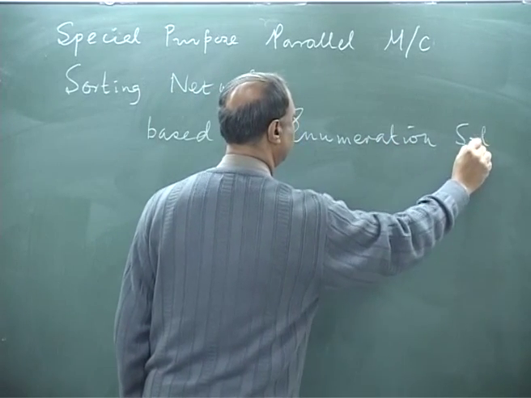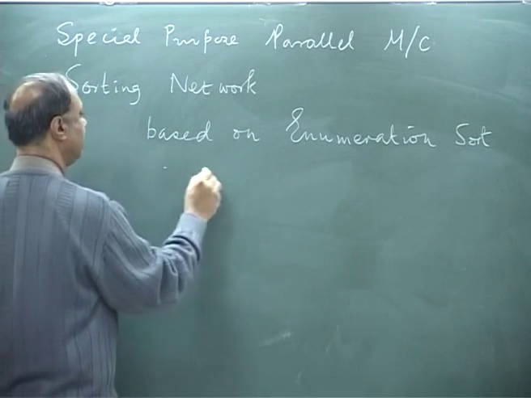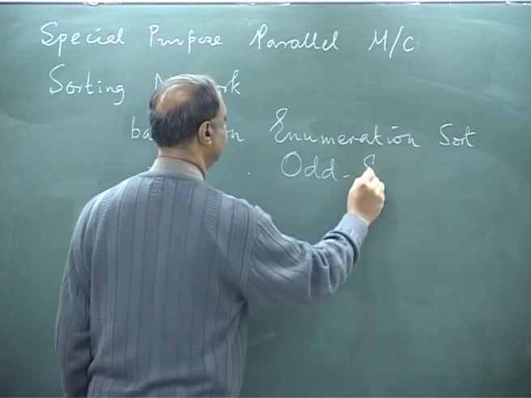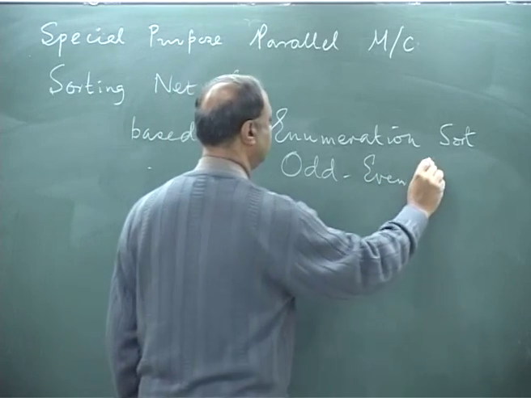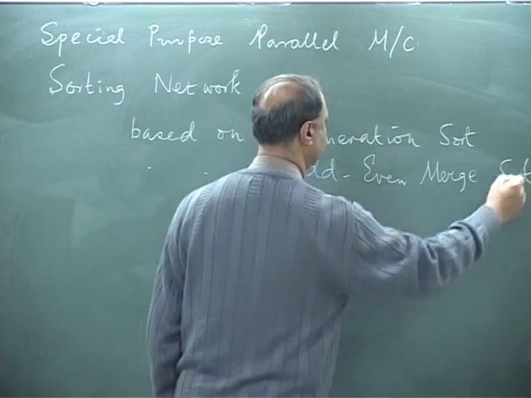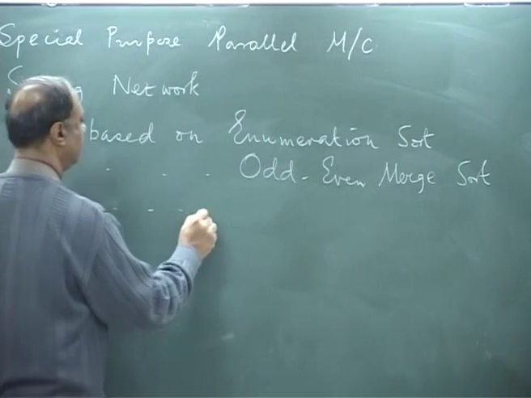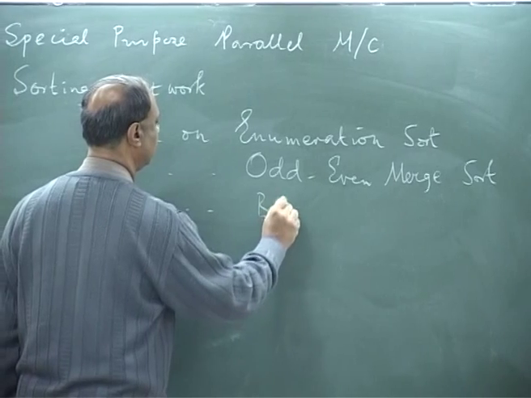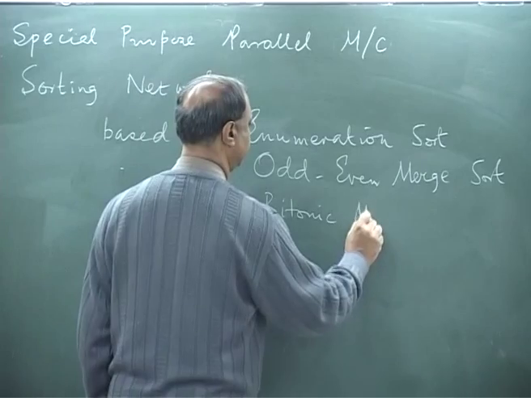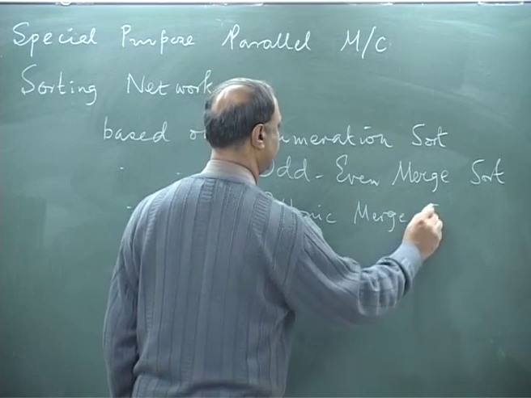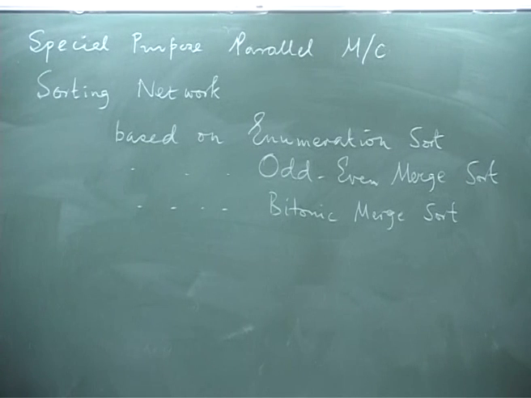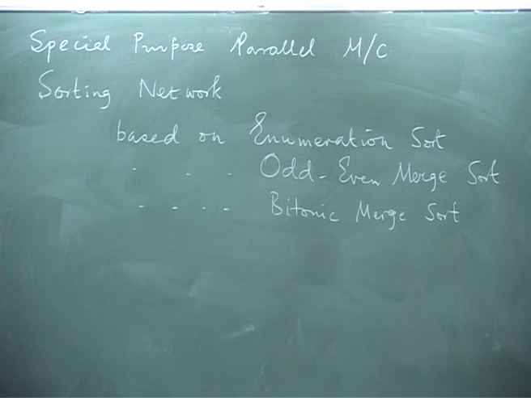Second one is based on odd even merge sort. Third one is based on bitonic sort. So these are the three special purpose sorting networks that we'll be discussing.